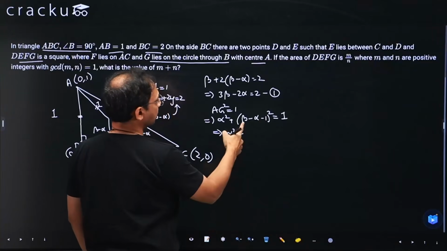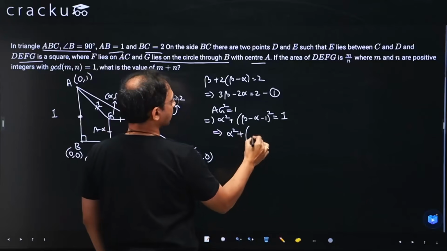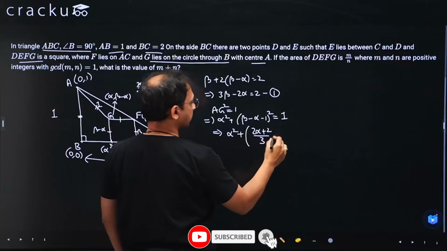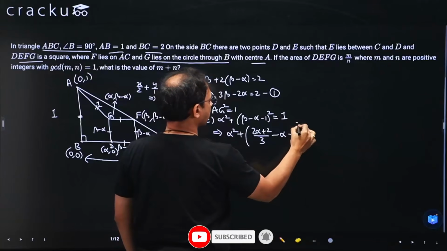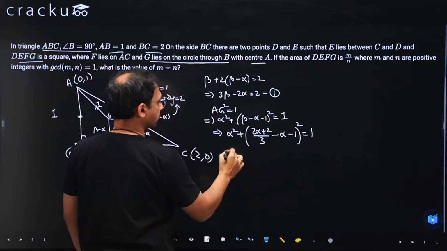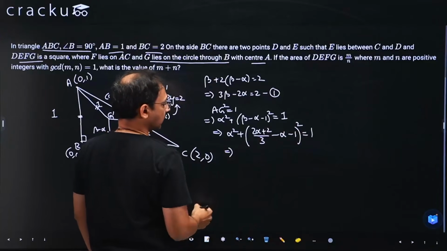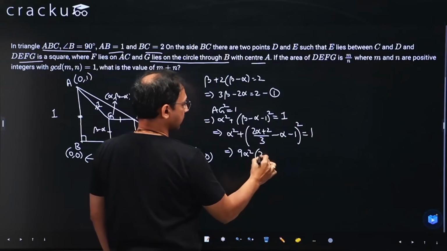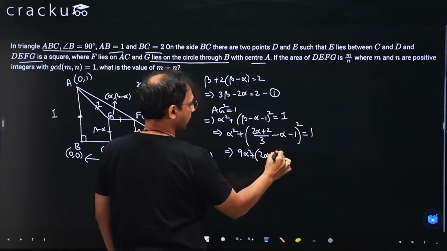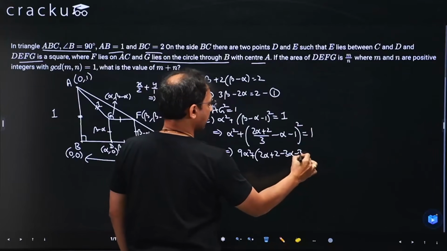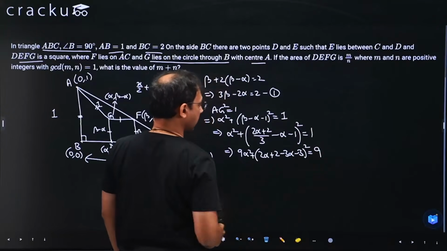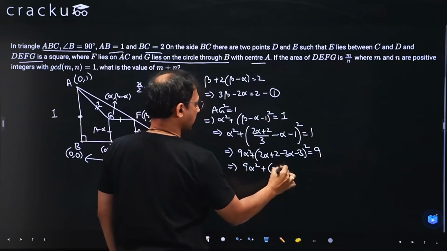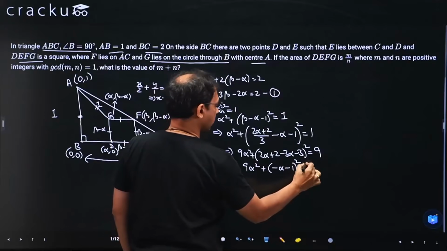Alpha square plus, in place of beta I'll substitute this, 2 alpha plus 2 by 3, that is the value of beta from here, minus alpha minus 1 whole square is equal to 1. Let's multiply the whole thing by 9. 9 alpha square, inside you multiply by 3, plus 2 alpha plus 2 minus 3 alpha minus 3 whole square is equal to 9. This will be 9 alpha square plus minus alpha minus 1 whole square is equal to 9.